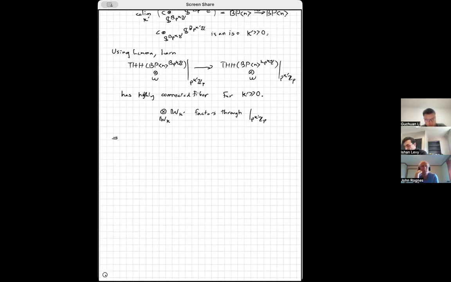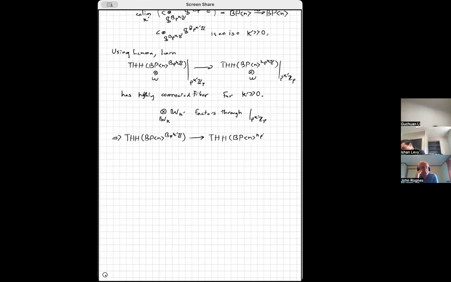And so what you learn then is that THH of BP<n> to the BP to the K prime Z is actually isomorphic in some low degrees to this THH.